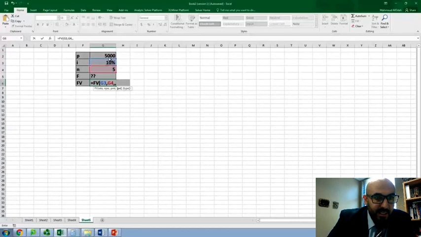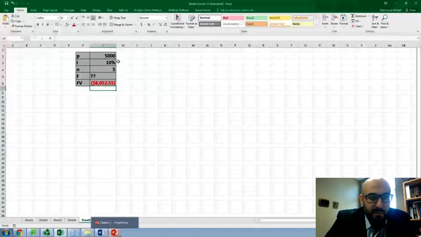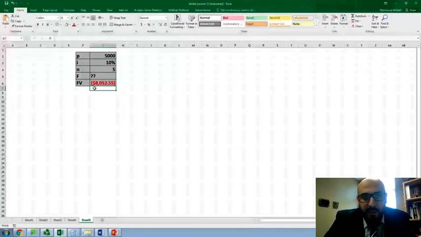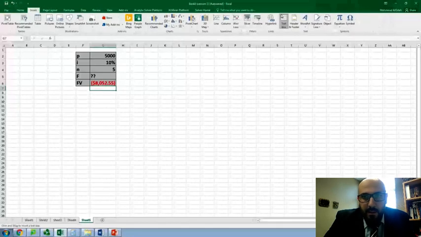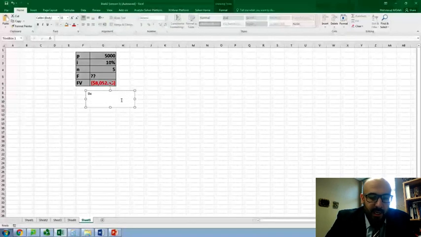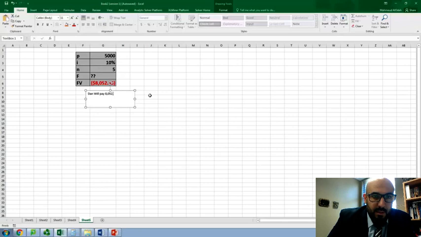Present value is 5,000, close the parenthesis, enter, and this is what Dan has to pay the bank at the end of 5 years, which is $8,052.55. Dan will pay $8,052.55 at the end of year 5.